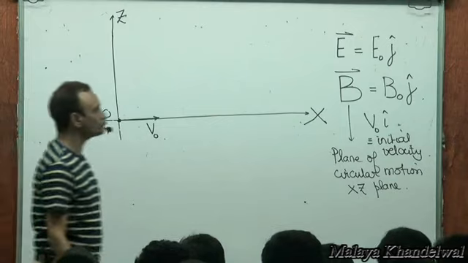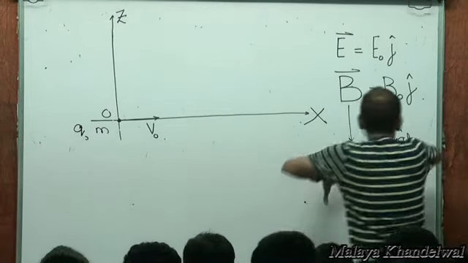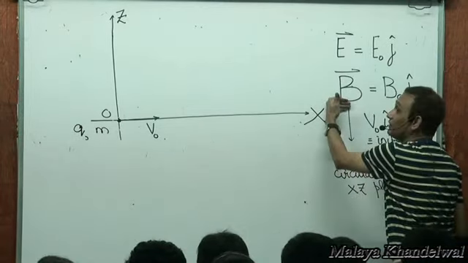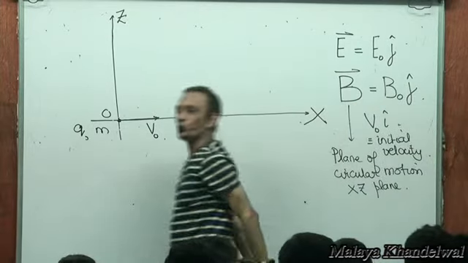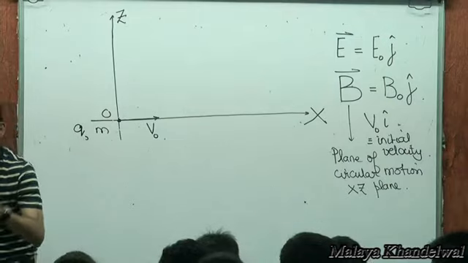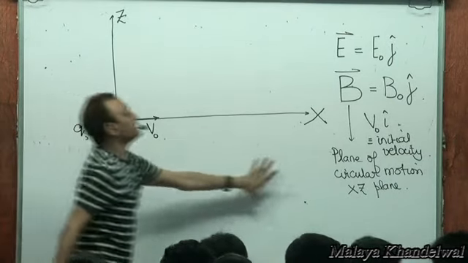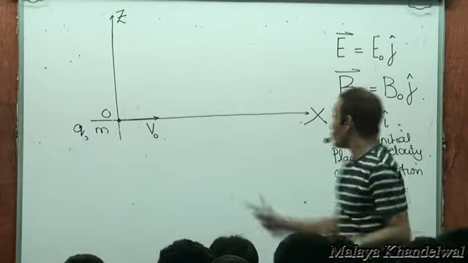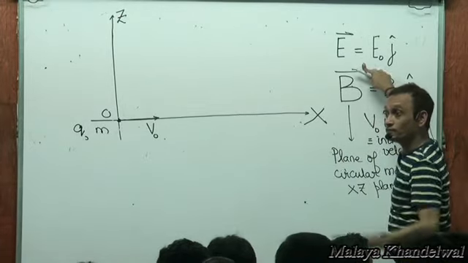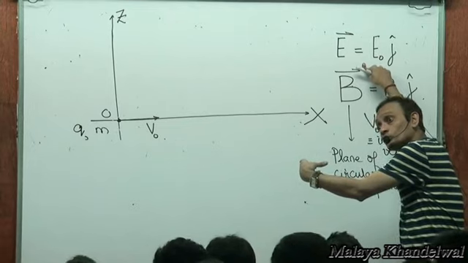Right? Now, that means the domain of action of the B magnetic field is the XZ plane. It does nothing in the y direction. It keeps its action confined to the XZ plane. Whereas the electric field acts only in the y direction.